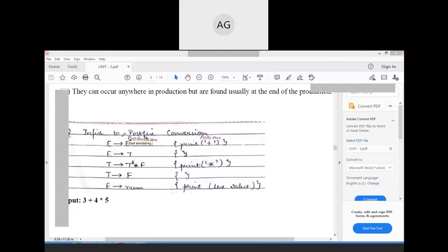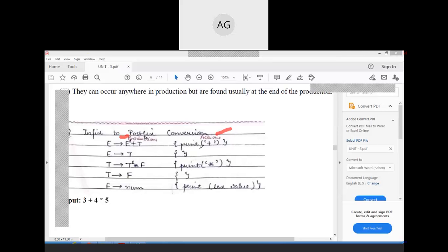Five productions are there, and in the corresponding rows, their actions are there. So as you can see here, E produces E plus T. Here the right hand side E is different from the left hand side E, so that's why it is written as E produces E1 or E dash plus T.